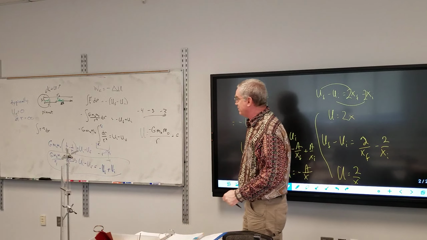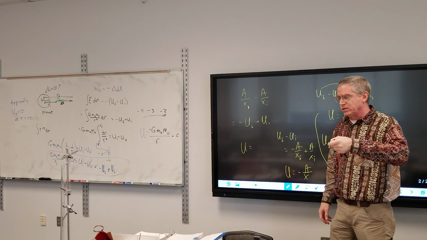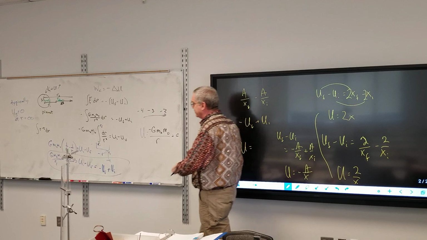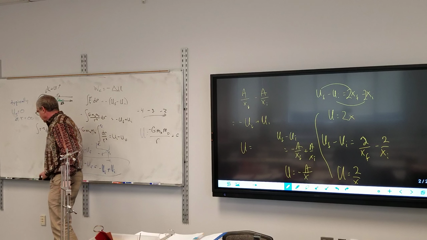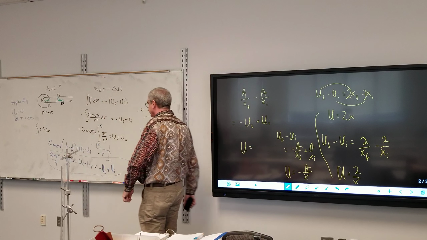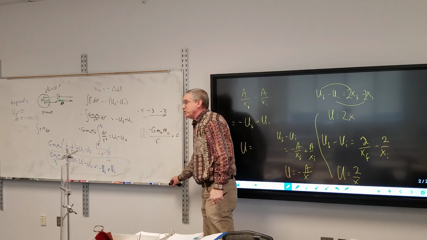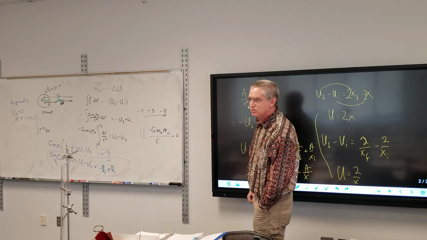Because again, what's really critical is the change in potential energy, not the actual value itself. Unless, of course, you're asked, what's the potential energy? All right, questions there before we actually use this.